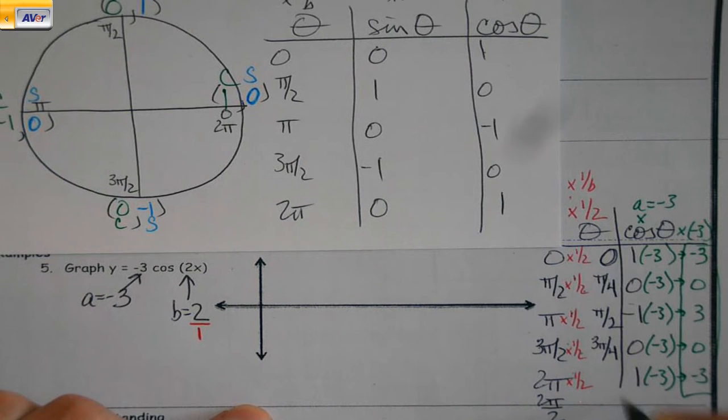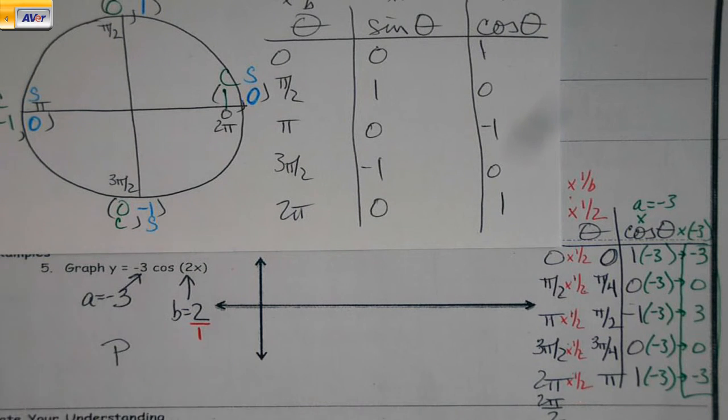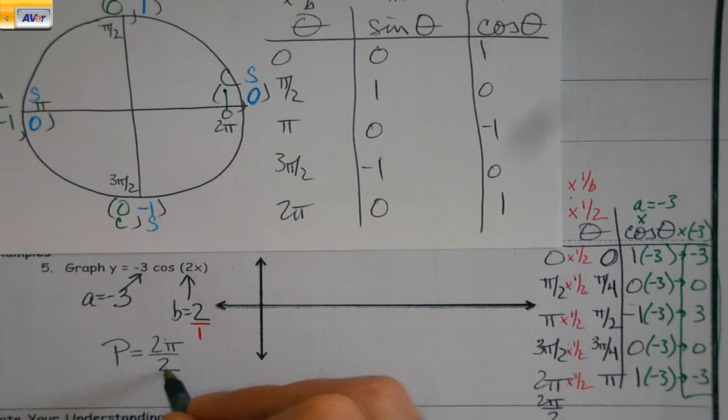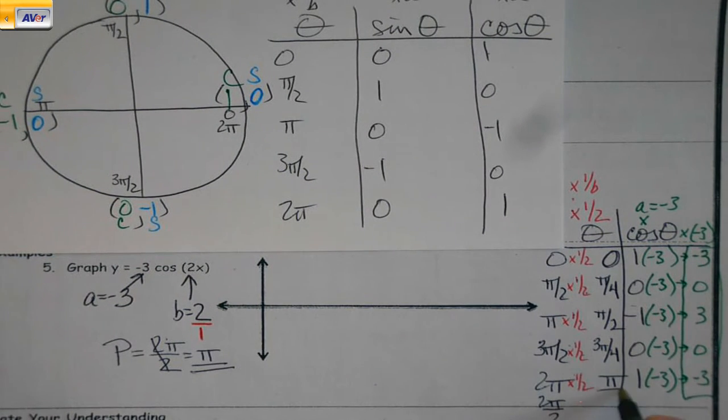Over 2 is pi. You're like, why is that the big one? Because normally, which I seem to have forgotten to do here, I would figure out my period right away, 2 pi over b. And what should always happen is that my last value in here and my period need to be the same. If they're not, my math went wrong somewhere.